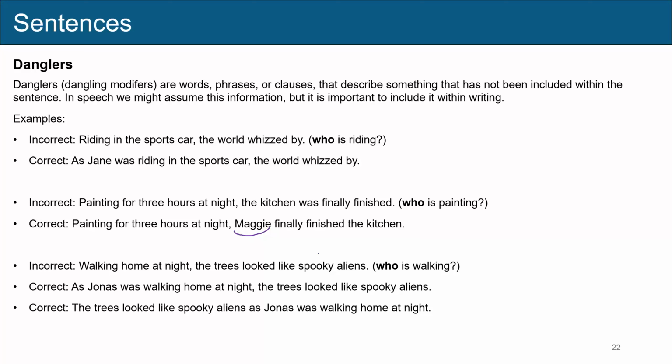So here we're missing the subject of the sentence, so we add that in. As Jonas was walking home at night, the trees looked like spooky aliens. We could also flip that sentence. The trees looked like spooky aliens as Jonas was walking home at night. But now it's a complete thought.